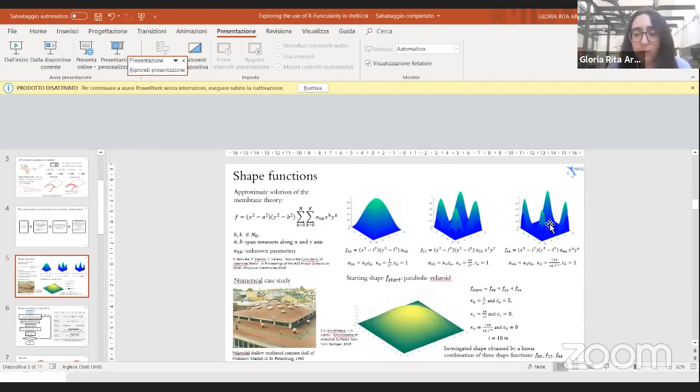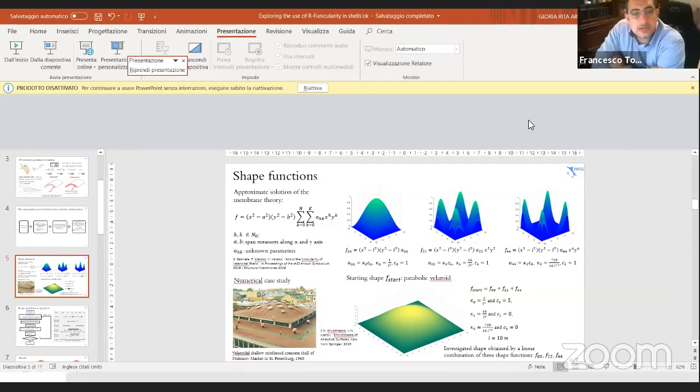So we used these 3 and we have combined them to obtain a resulting shape that has been optimized, by varying the coefficients C1 and C2 that are the coefficients of the linear combination. Okay, thank you very much.